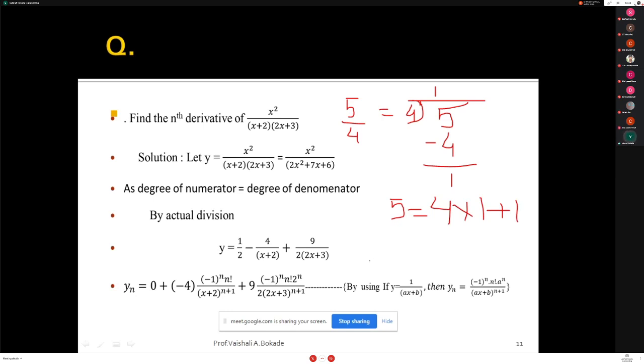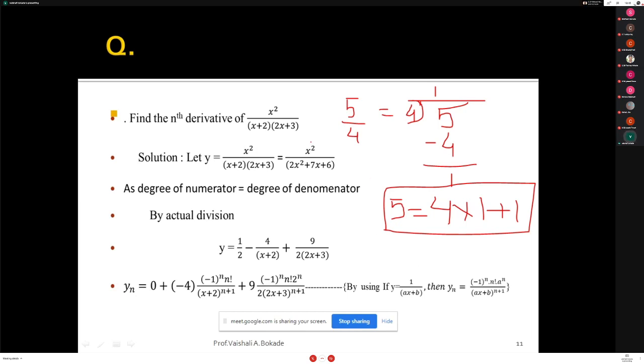Whatever medium you have, Hindi medium, Marathi medium, English medium, CBSE board, state board, whatever it may be, all of us did this in school. The same school concept I have to use here for actual division.